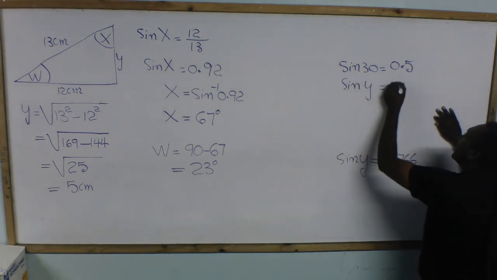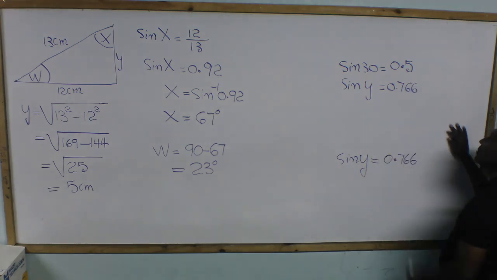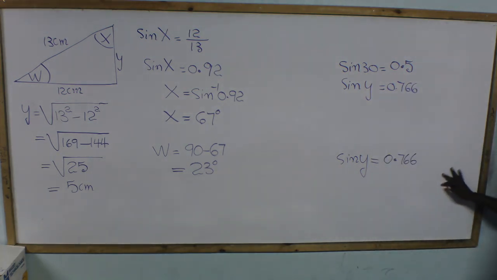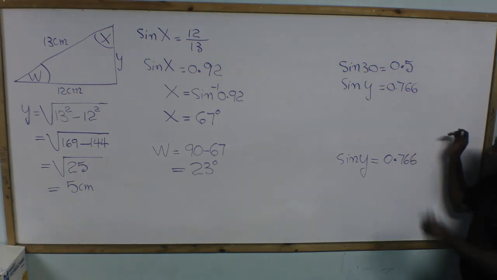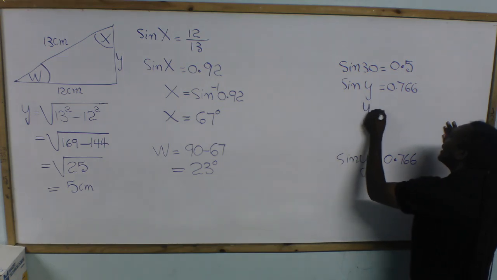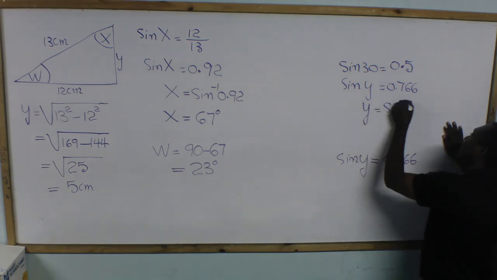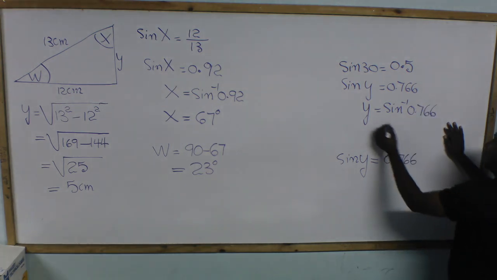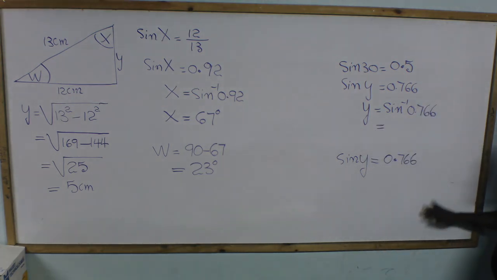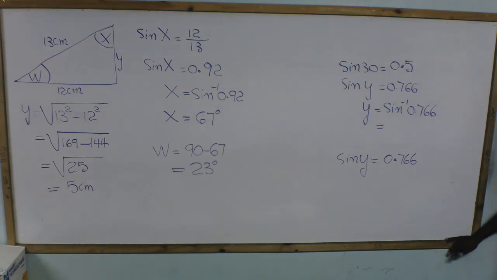Sine of y is equal to 0.766. So we do not know the angle, but we know the sine of the angle. So what do we do? We take the sine inverse. You can get something close to this. 9 what?